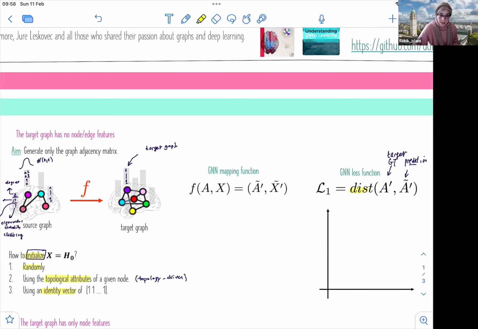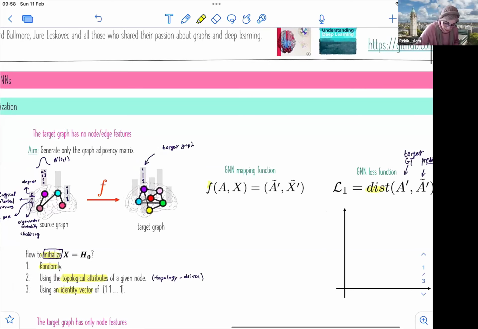Now, for the GNN mapping, we want to learn a network function f, or GNN, that takes as input A and X. So we need to give it the X, in message passing, for example, if we're using GCNs. And then we are predicting these two. Although we're going to predict the X tilde prime, so we will predict these values, I'll talk about it in a second. We don't need to evaluate this.